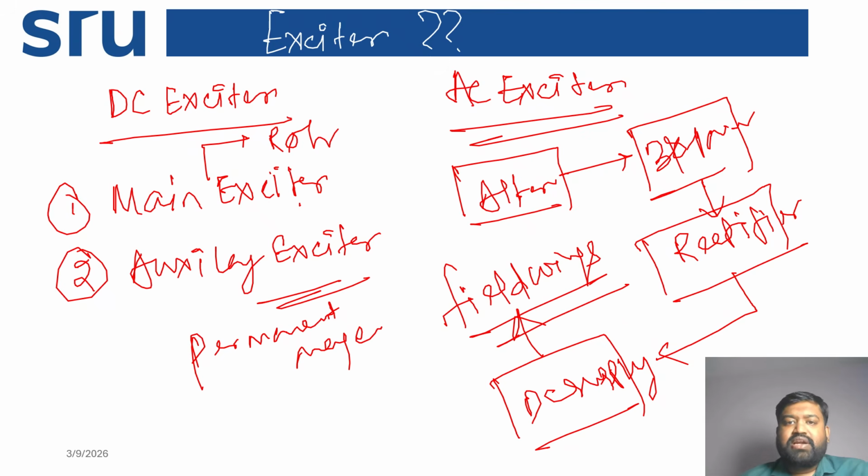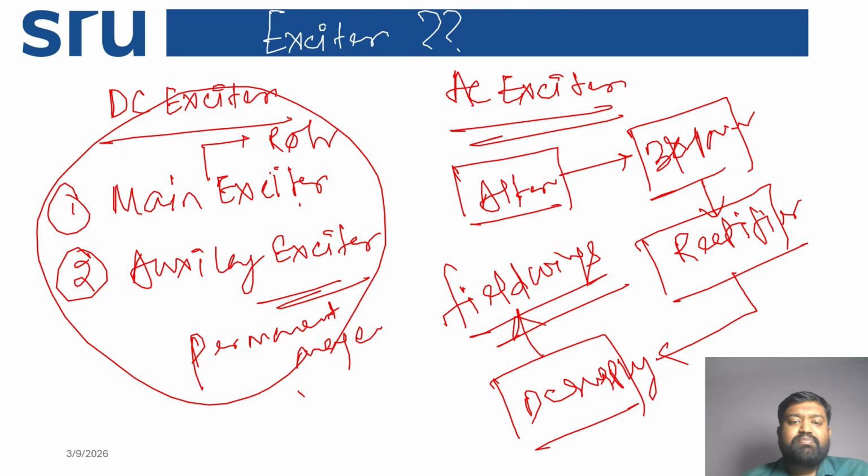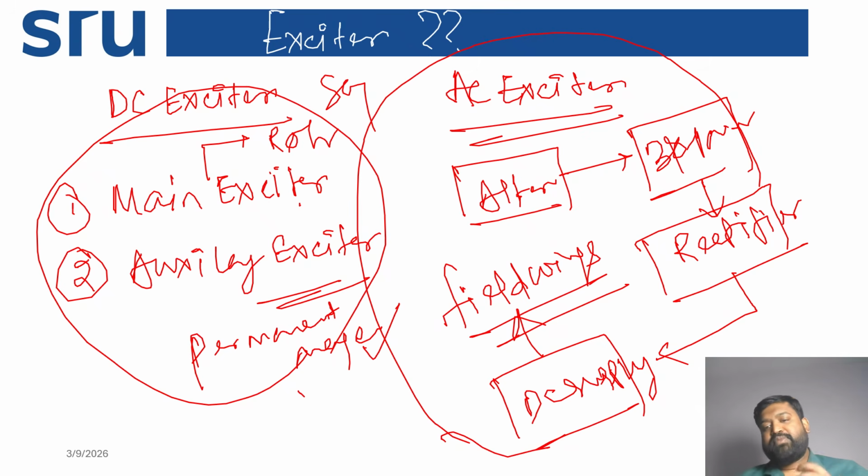That means the DC exciter is simpler and easier. If you are using a battery or any DC source, you can easily start your synchronous generator. But with the AC exciter, the complete process takes much more time. That is the reason we preferably use the DC exciter.